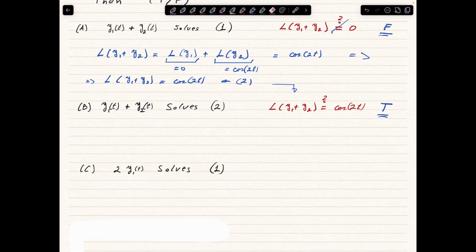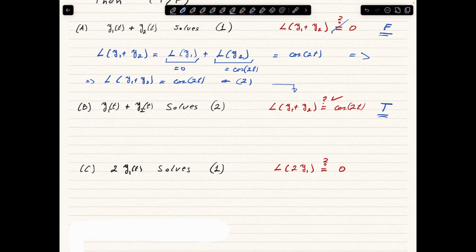Now next question. What about 2 multiplied by y1 of t? Does this solve equation 1? So what we are asking here is, is L acting on 2y1 equal to 0?